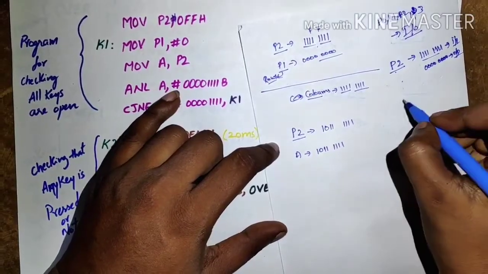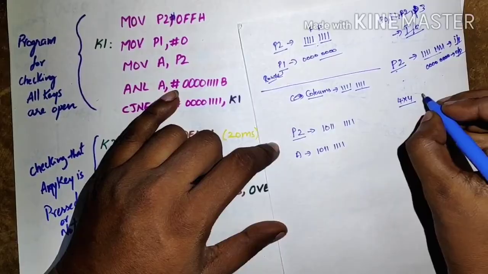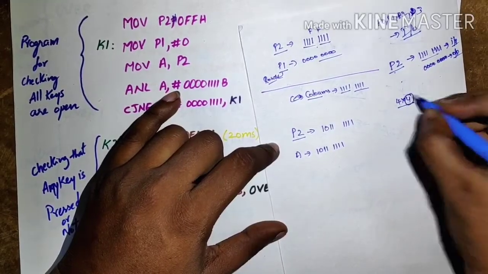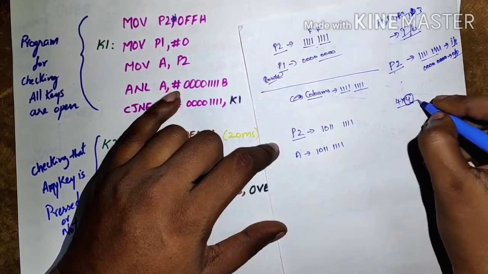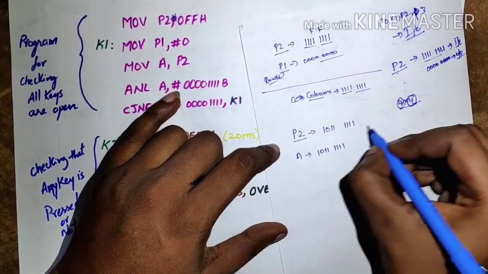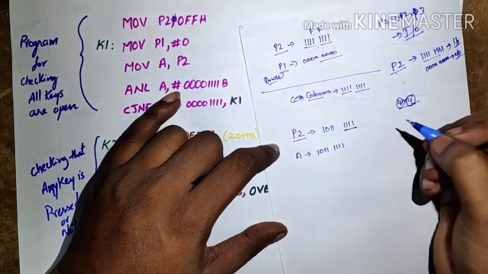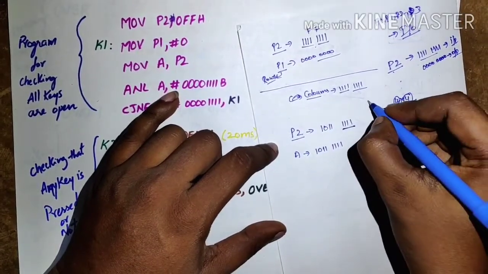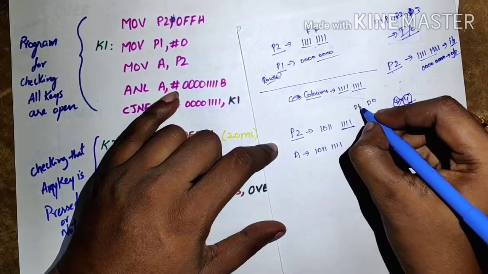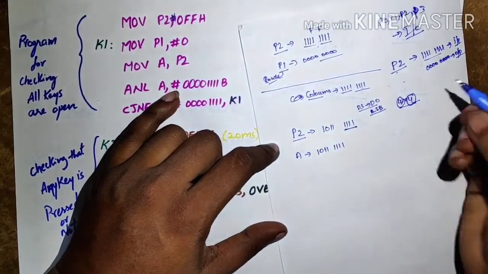Here we are using a 4x4 matrix. In a 4x4 matrix keyboard we only have 4 rows and 4 columns. In this particular port value we just need the 4 MSB bits, because we have connected the rows from D0 to D3, that is the LSB bits.